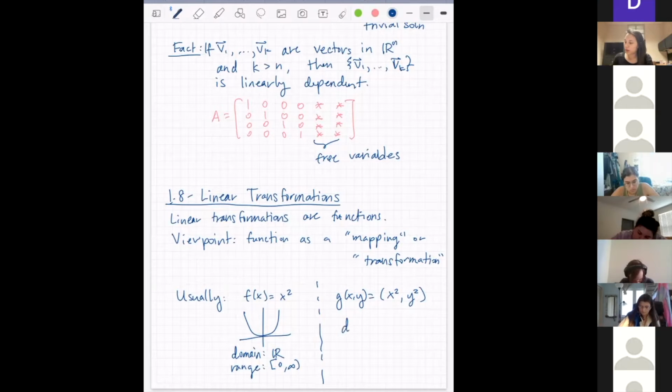And here, since it's x and y, our domain is R^2, and the range, this actually can only have positive values in each coordinate, so your range will be 0 to infinity cross 0 to infinity, or another way of thinking about this is the first quadrant of R^2.